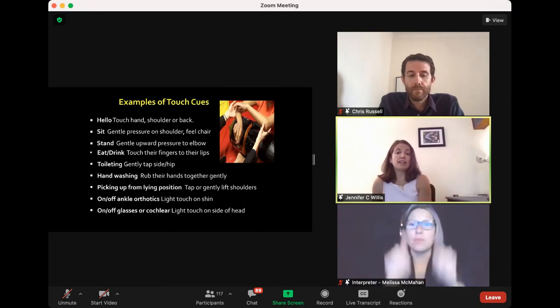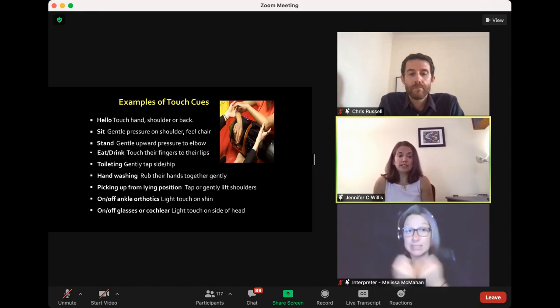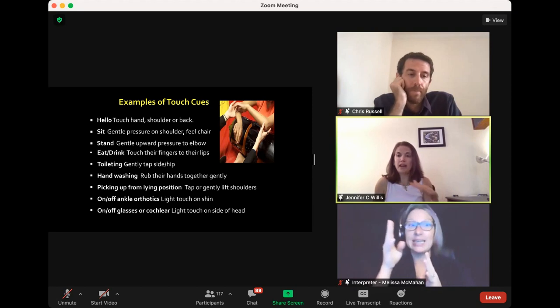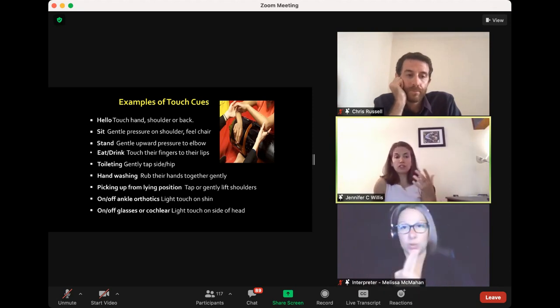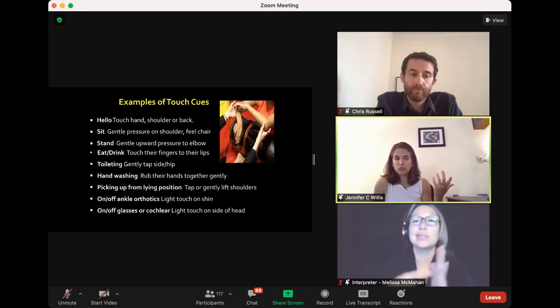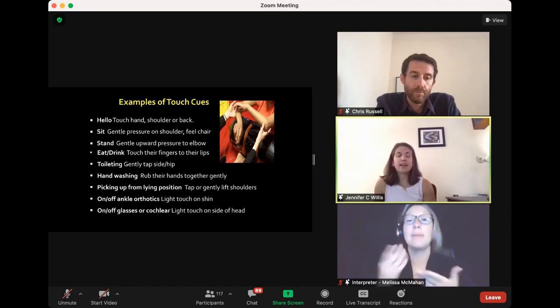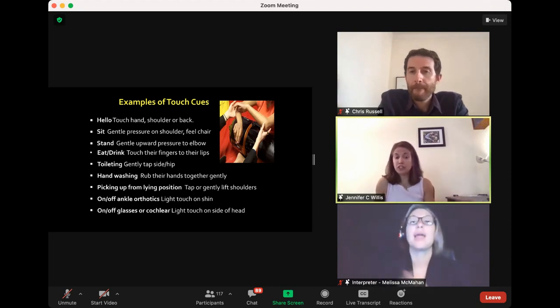And this is something that if you have an educational team, you can utilize and create a specific set of touch cues that you're going to use with a student across the board. So for example, putting on or taking off AFOs for a student, their orthotics. Maybe the whole team determines that they're going to touch the student on their leg to let them know that they're going to be putting them on or taking them off. And everybody uses that with the student, and that's great.